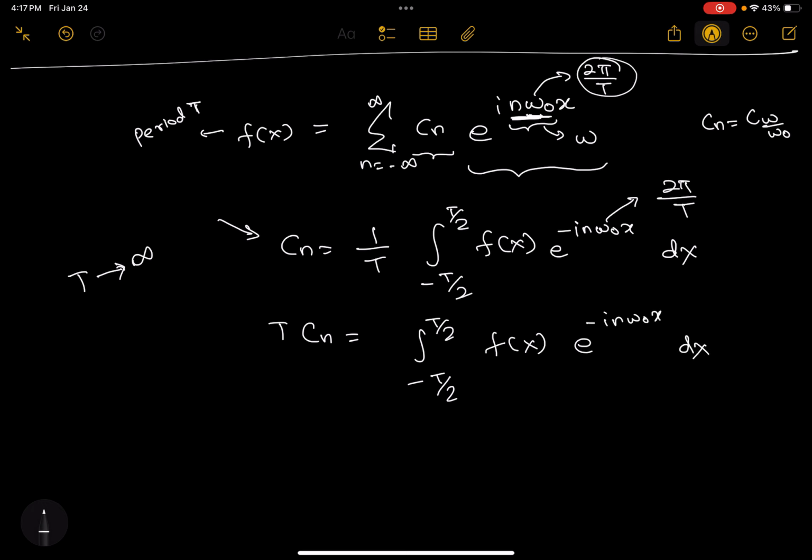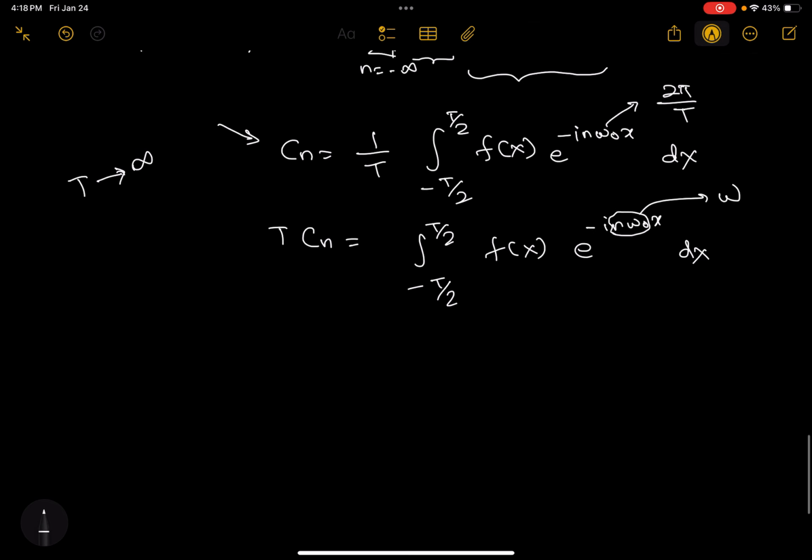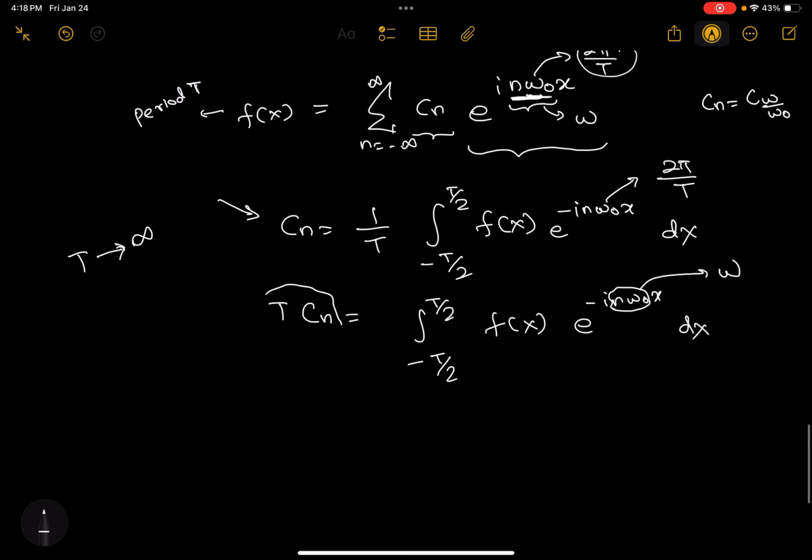So I just told you that this now behaves like a continuous variable, and so we are naming it omega. Now over here, this thing T times c: T is going to infinity, and c is also a function of omega by omega naught, and this omega is really small. Even though T is a really large number, this will still just be a function of omega.